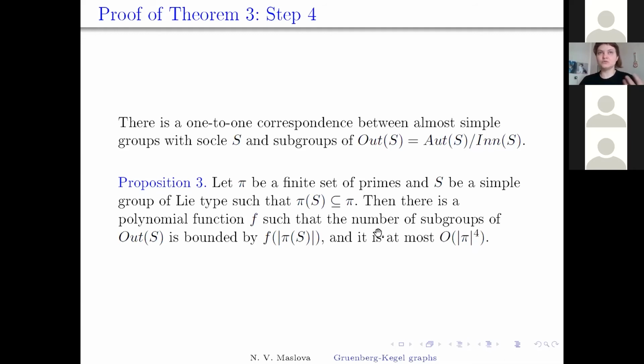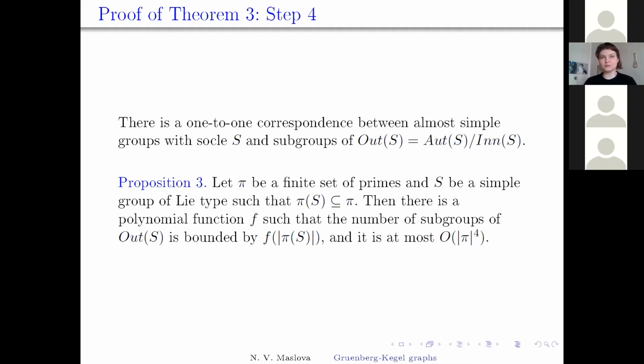Why do we need to deal with groups of Lie type only? Really, for any sporadic group, there are at most two possibilities: the sporadic group and the full automorphism group of this sporadic group, which usually coincides with this group, or has order twice that of this simple group. For alternating groups, except for the alternating group on 6 points, for an almost simple group with alternating socle, there are only two possibilities: the alternating group on n points and the symmetric group on n points.